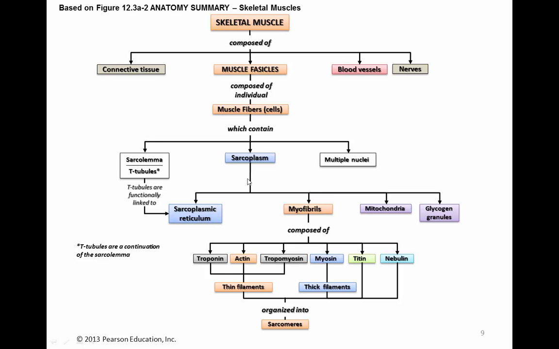And then there are components within each of these cells that include myofibrils, sarcoplasmic reticulum. Depending on the cell, you may also have mitochondria or glycogen storage, and that these myofibrils themselves are made up of a collection of proteins, the thick filaments primarily made of myosin, the thin filaments primarily made of actin, and then there are these associated proteins of titin and nebulin.